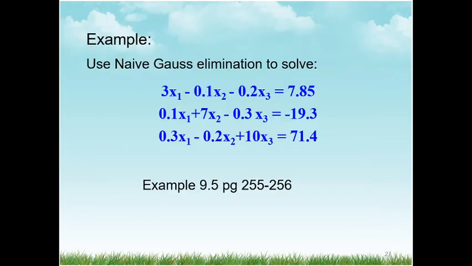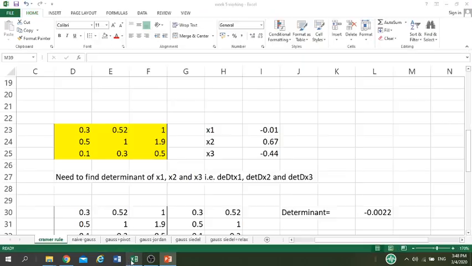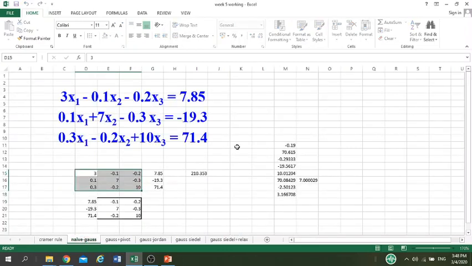Let us jump to the first example. We have here three simultaneous equations, all of which are linear equations. Let us go to our Excel worksheet to see the demonstration of naive Gauss elimination.